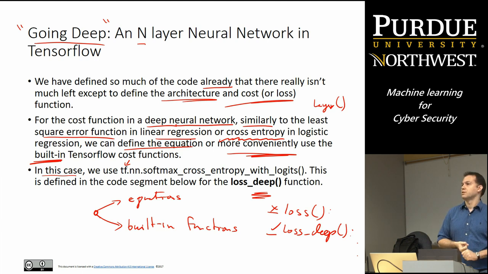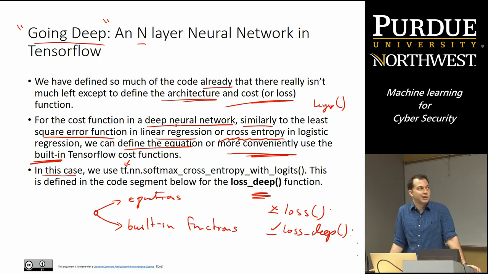Cross entropy. So that's already taken care of. And now all we have to worry about is the inference. And for that inference, we're going to use the little function that we just learned about called layer. So we have defined so much of the code already that there really isn't much left to do, right? That's the truth. All that's left is inference.